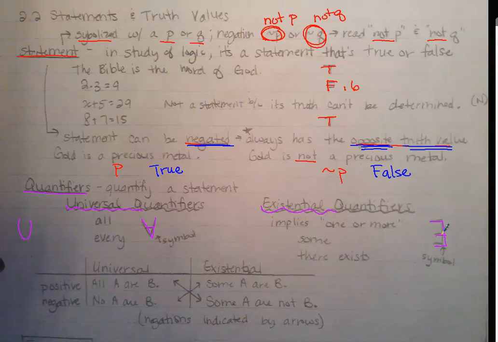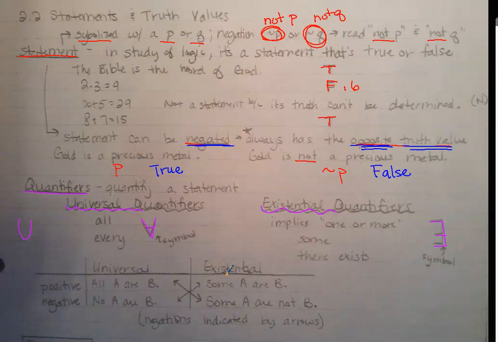All right, so then there's this awesome chart here that's going to help us. Let's pick the chart apart so we understand every piece of it. Our universals are here and our existentials. These are statements.